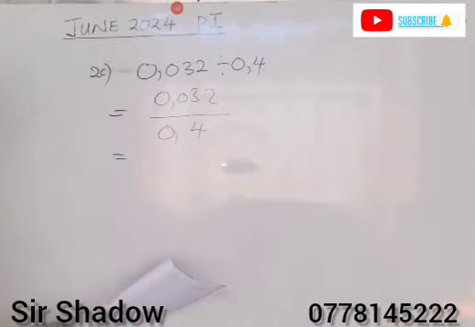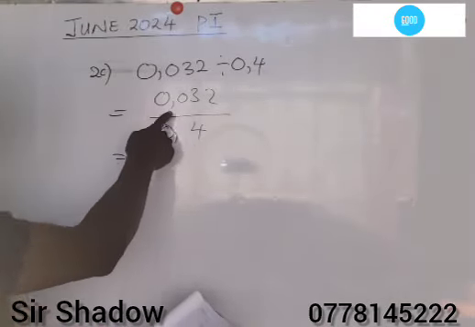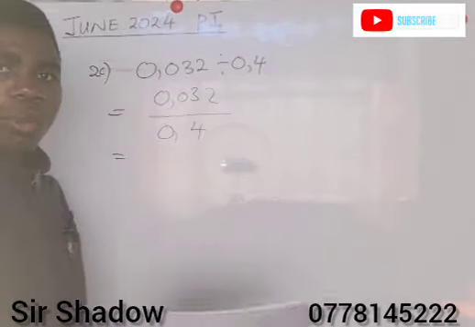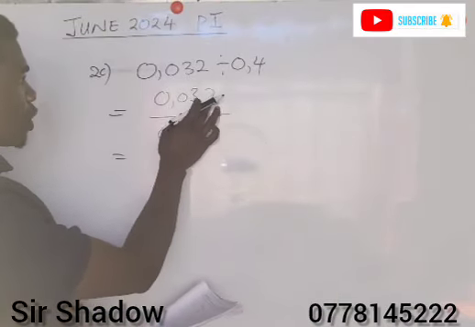For us to divide this fraction, we want to remove this comma. In order to remove the comma on the numerator, we have to multiply. How many decimal places do we have? 1, 2, 3.